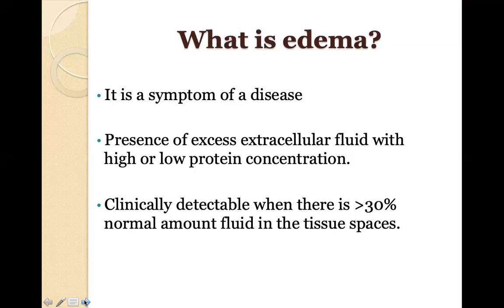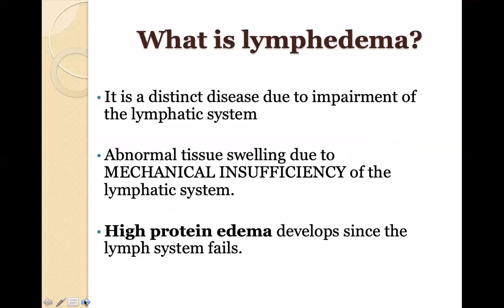Also, the tissues are able to disguise a certain amount of increased tissue edema until it gets to about 30% or greater, and then it will present as most likely pitting edema. Lymphedema then is a distinct disease. It's the name of a disease due to impairment in the lymphatic system.